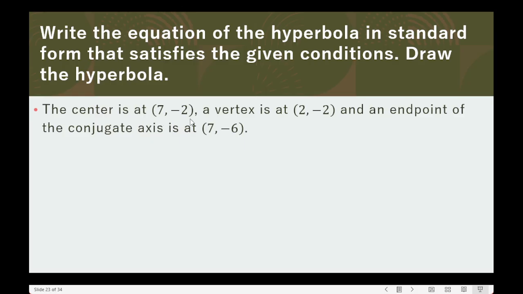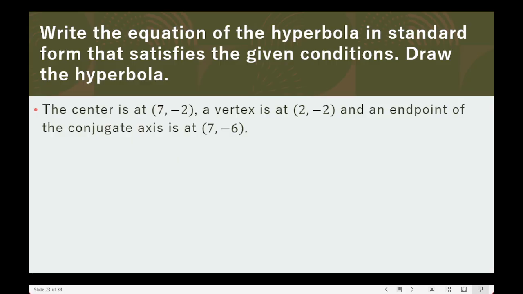So in this example, the graph of the hyperbola is no longer found at the point of origin, but at a certain point whose coordinates are 7, -2. The vertex is at coordinates 2, -2, and an endpoint of the conjugate axis at 7, -6.